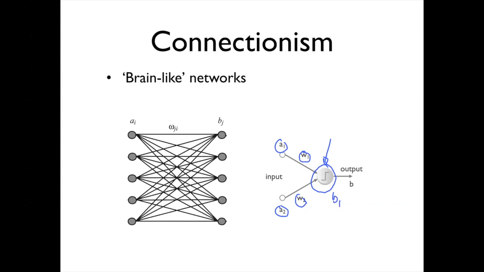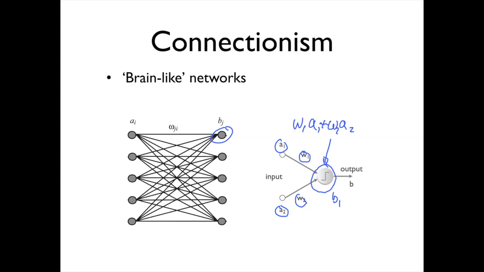So maybe this is this node up here. The input going into there is going to be a sum of A1, so the activity from neuron 1, plus A2, where each of those are multiplied by their respective weights, W1 and W2. So that's the sort of raw input, if you will, going into the node.